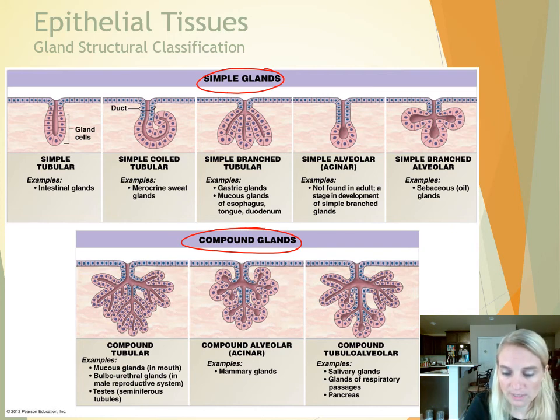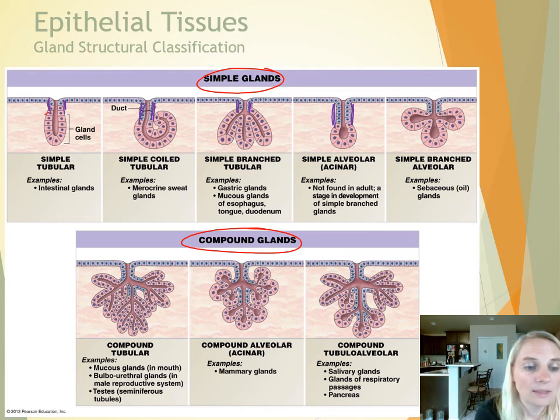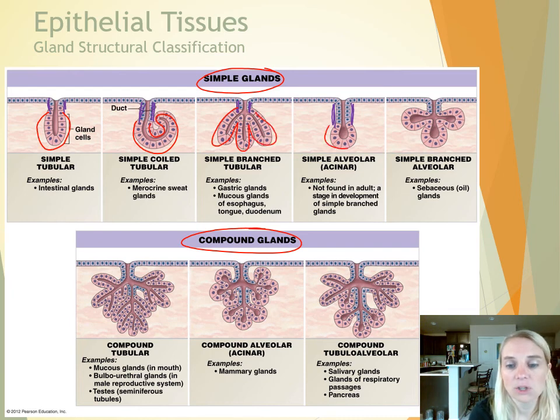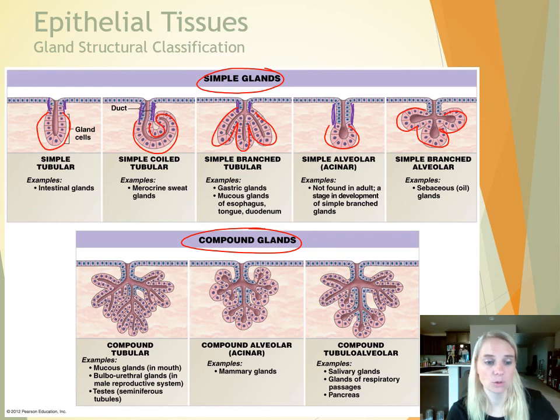I'll put it in purple because that's kind of their duct color. So the duct is purple, so there's one duct leading to the surface, one set of duct cells, right? And then I don't have pink, but we can just do red. And then we have the secretory cells. So the name of the gland is a combination of how many ducts to the surface they have, and then what's the shape of the secretory cells.